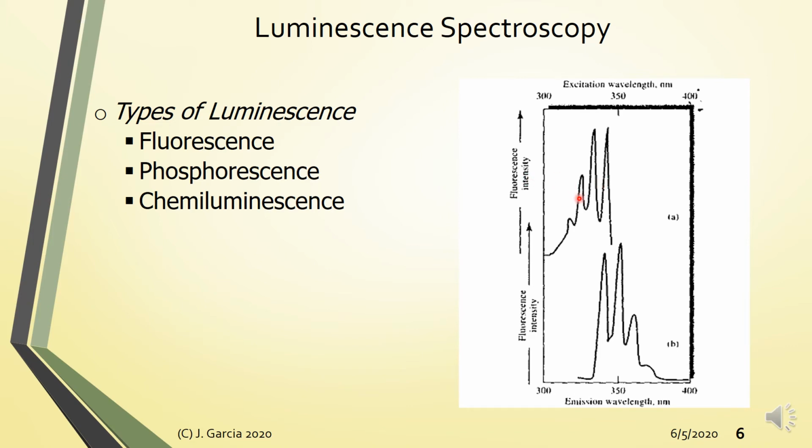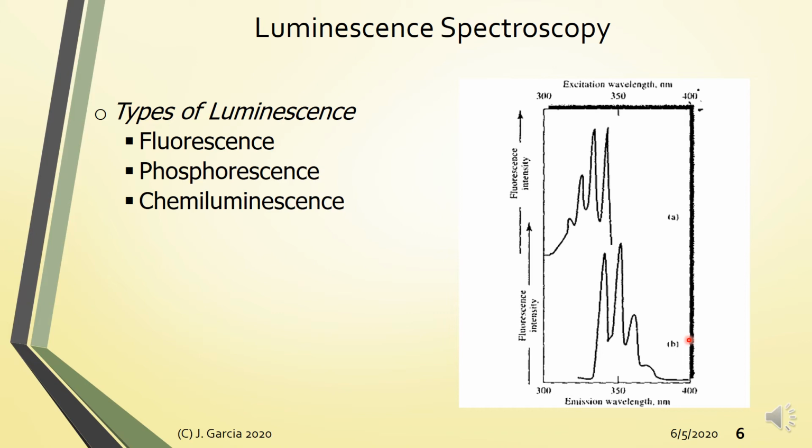Okay, so why? The emission spectra occurs at longer wavelengths because some of the energy absorbed by the molecule was already released via non-radiative means. Remember, these are competing processes, so they cannot be avoided.